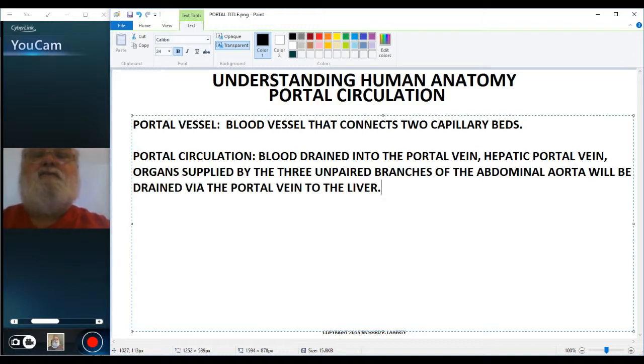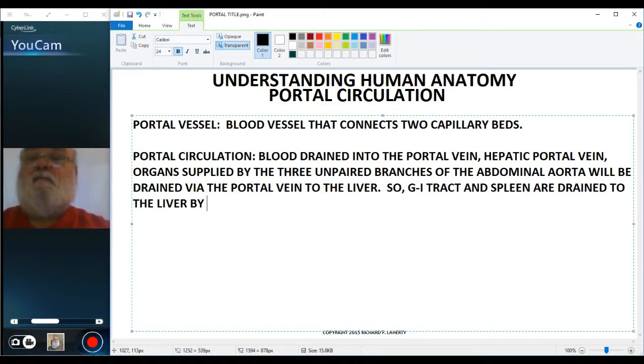Now, the structures supplied by the three unpaired branches of the abdominal aorta are the GI tract, and spleen, and they are drained to the liver by the portal vein.